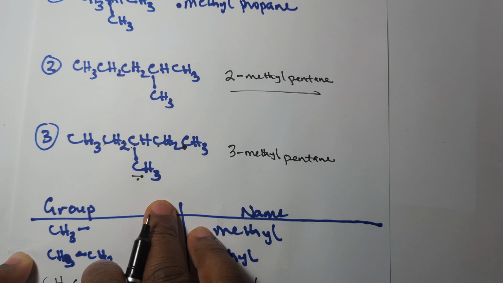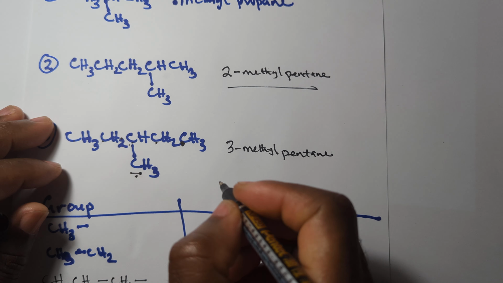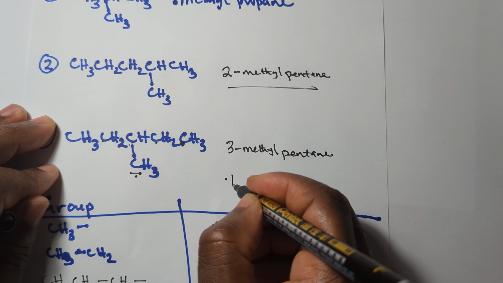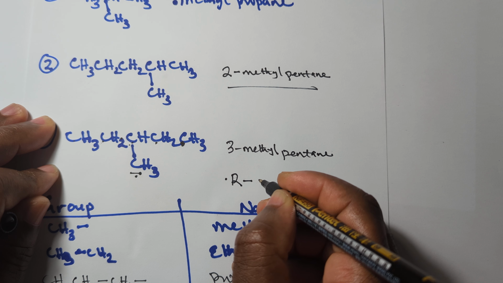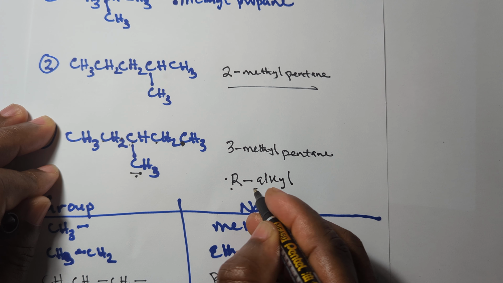Okay, 3-methylpentane. Usually, when we have an alkane group without a hydrogen, we call it an alkyl group.